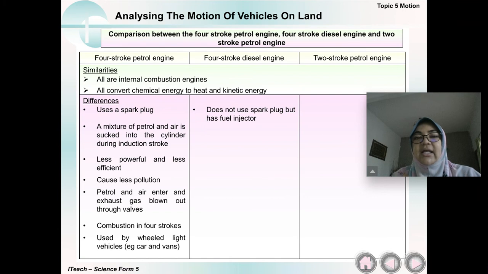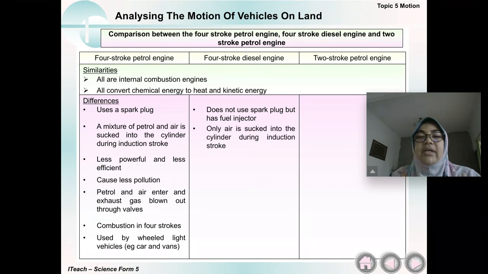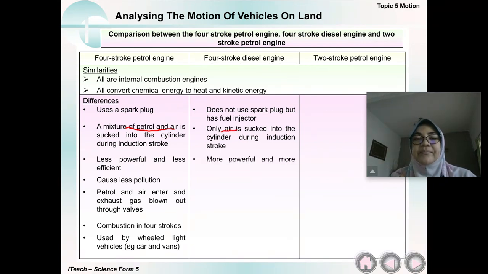Untuk four-stroke diesel engine, dia akan gunakan fuel injector. Tadi tak ada spark plug, dia ada fuel injector. Pada part power stroke, dia akan injectkan diesel. Okay, only air is sucked into the cylinder during induction stroke. So the difference untuk four-stroke mixture of petrol and air, tapi untuk four-stroke diesel hanya air.